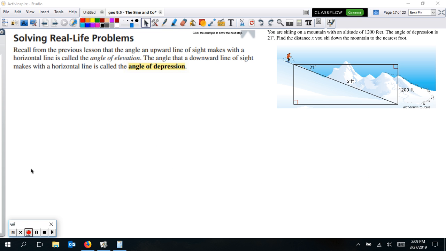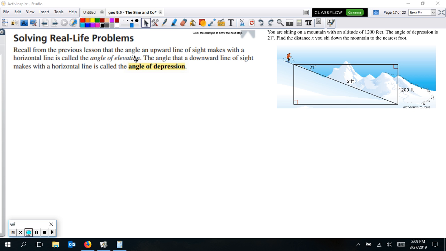Okay, so back on page 264, I believe, is where your vocabulary is, and there's a vocabulary word here we need to look at: angle of depression. We use this for real life problems. It says, recall from the previous lesson that the angle an upward line of sight makes with a horizontal line is called the angle of elevation.